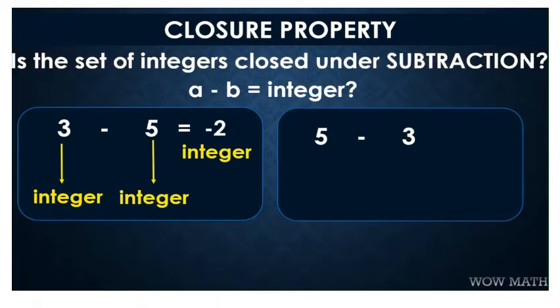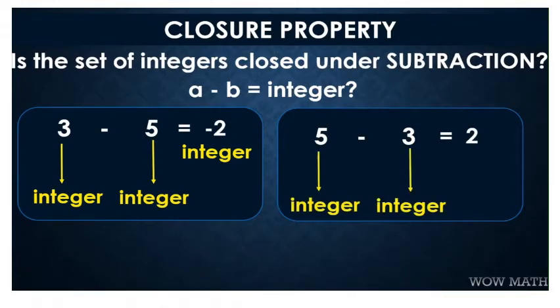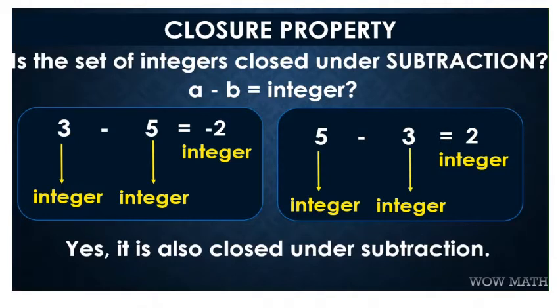If I have 5 minus 3 is equal to 2. 5 is an integer, 3 is also an integer, and the resulting difference is also an integer. So therefore, do we have closure property under subtraction? Yes, it is also closed under subtraction. So closure property is true under subtraction.